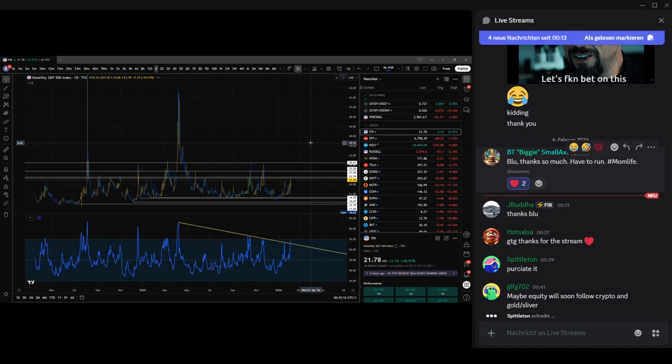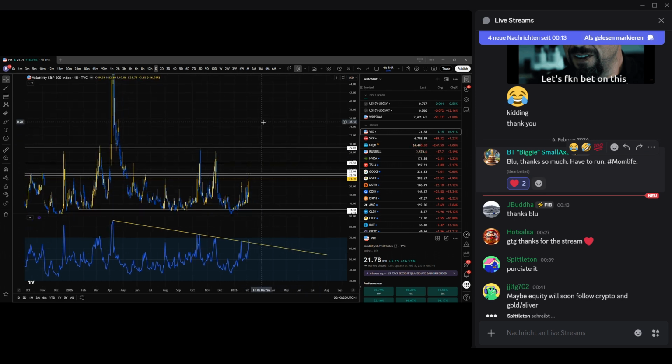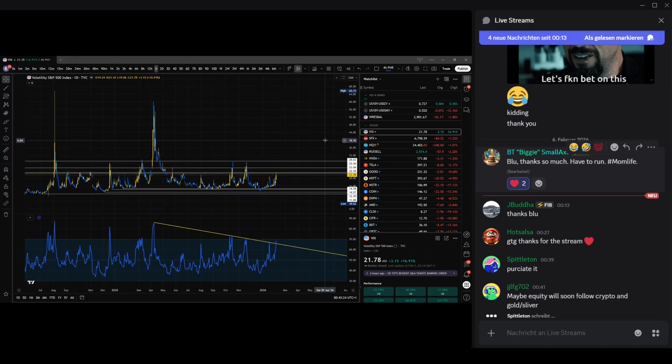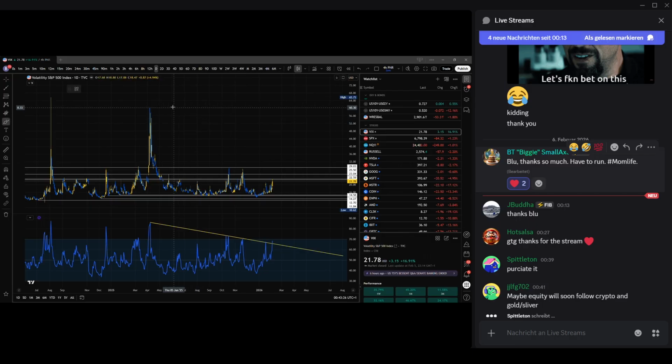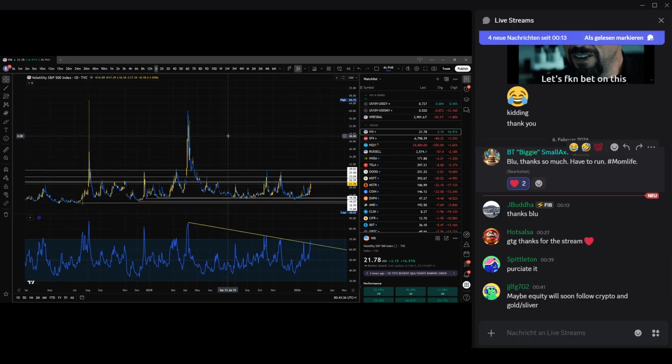VIX is also pumping already nicely into resistance a bit. Yeah, fair enough. So the volatility index, but yeah, it will not. Again, I don't have a crystal ball, but we will see this again. I don't know when, but we will get it.